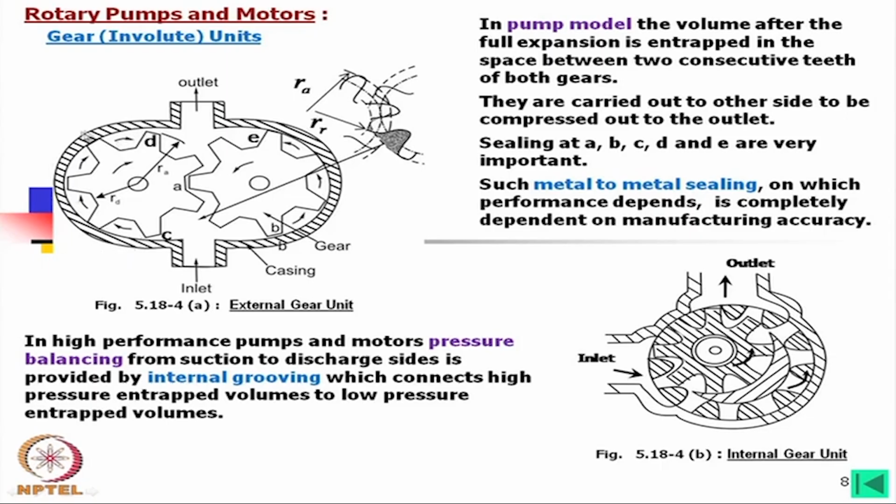Usually you will find two sets of grooves on each side provided for the pressure balancing. In case of internal gear, it is also possible by grooving, but you will find mostly the external tooth gear pumps or motors are used. These are seldom used.